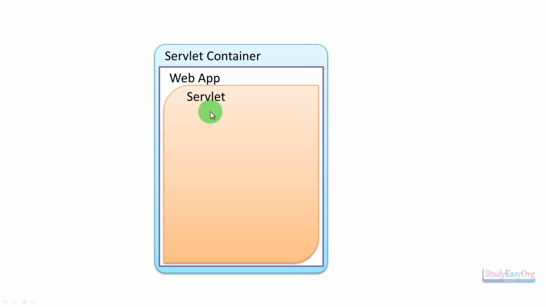Now friends, in here we are not talking about JSP. Why? Because whenever you code a JSP file and try to execute your web application and your JSP files are there in your web application, your web server will implicitly convert your JSP file into Servlet, and finally Servlet will get executed on the web server.